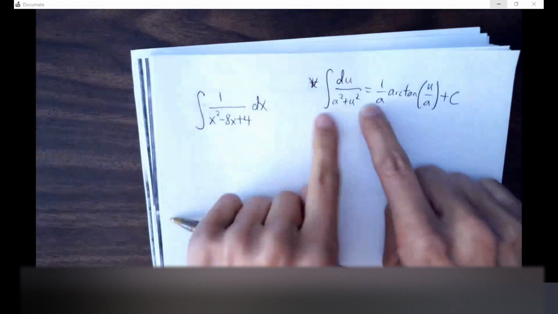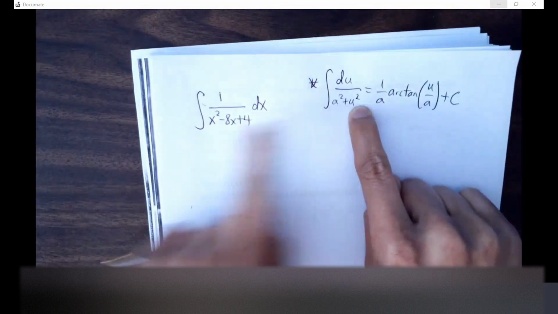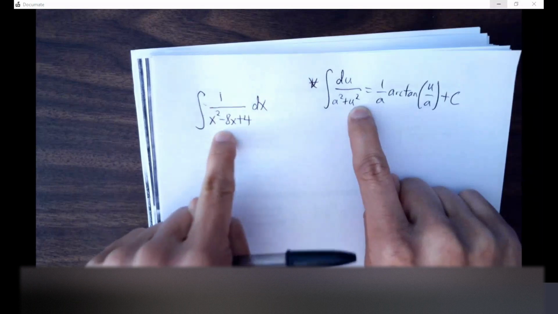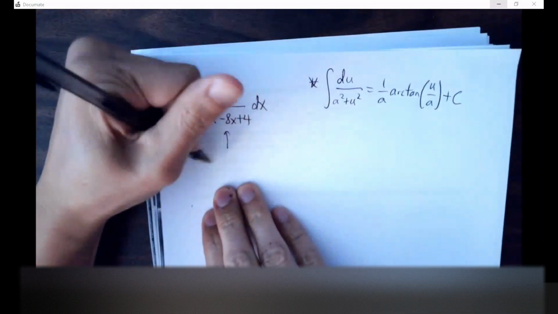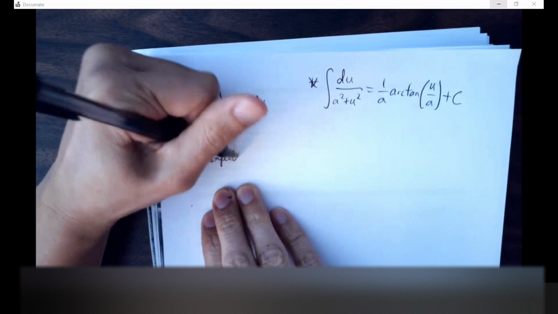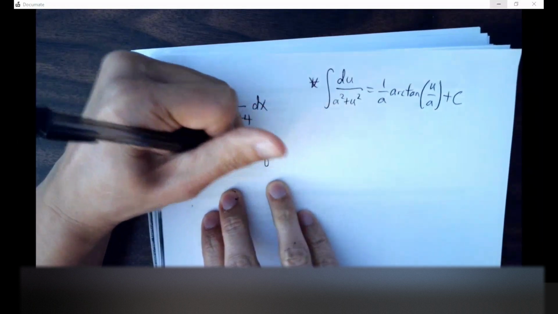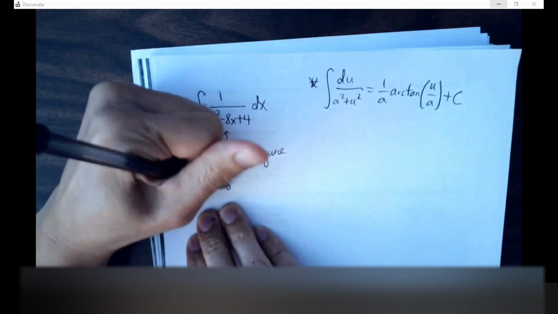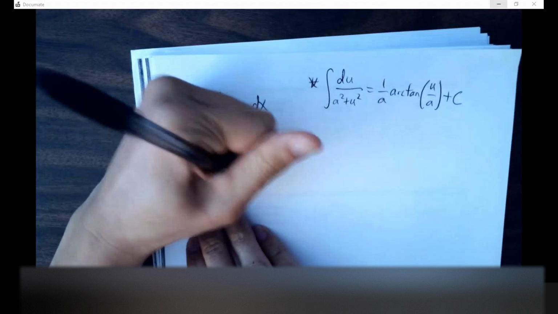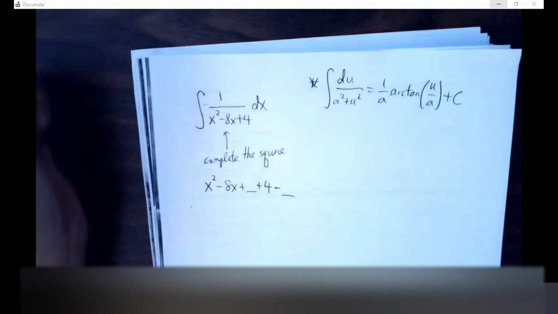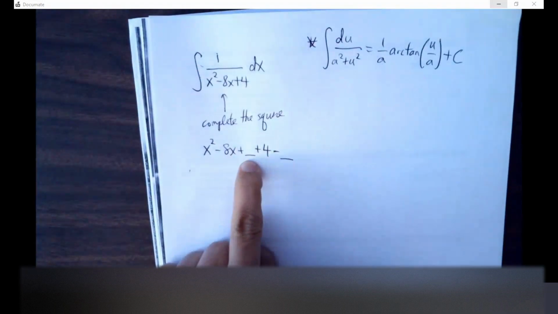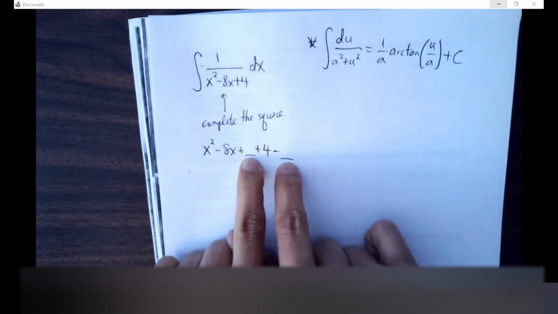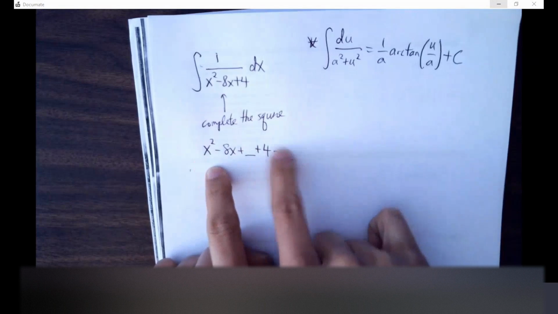In order for us to pick out the a squared and u squared, we've got to have this in the cleaner form. So to do that, we're going to complete the square. To complete the square, we're going to give that third term a space because we're going to fill in that space with a value that will allow this to factor and allow this to clean up.